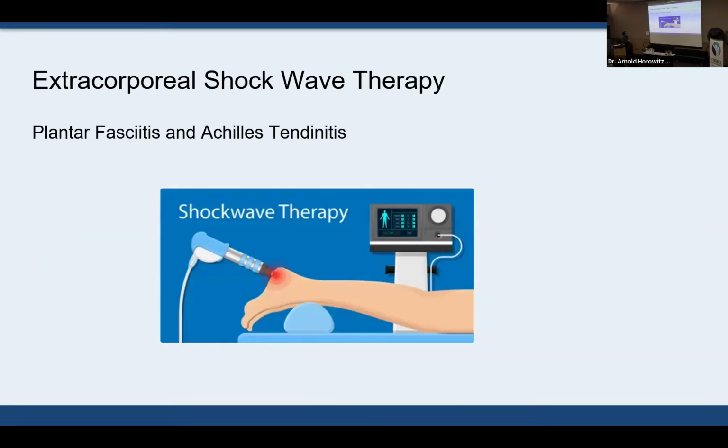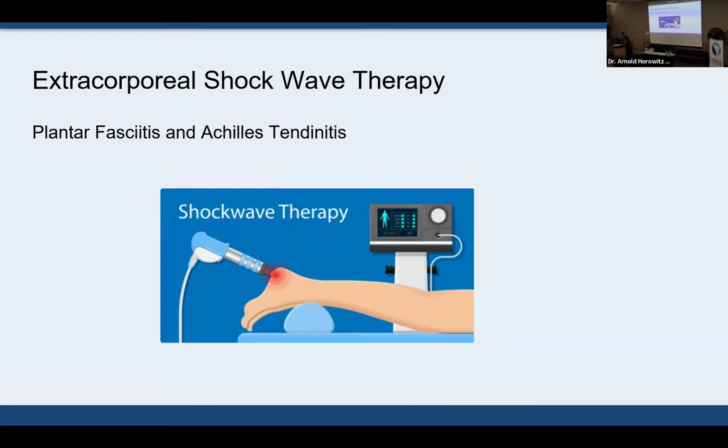Okay. Another treatment, extracorporeal shockwave therapy. That works really well. It is a form of lithotripsy, like what they use to break down kidney stones. And this breaks down the plantar fascia. So we're kind of injuring the plantar fascia to help it reheal. The key with extracorporeal shockwave therapy is to bring blood supply back to the heel so it has enough blood supply to help heal it.